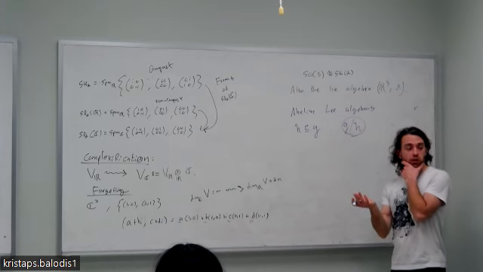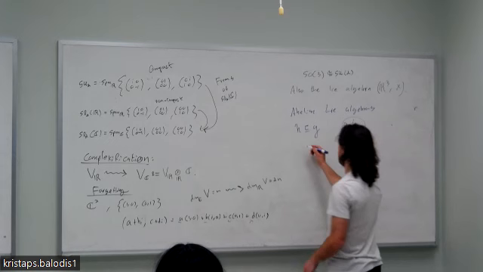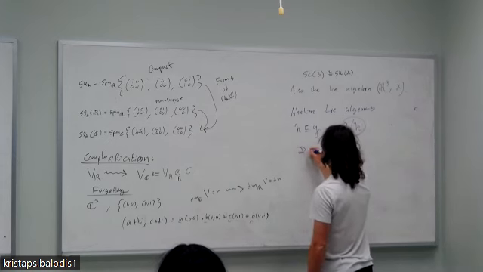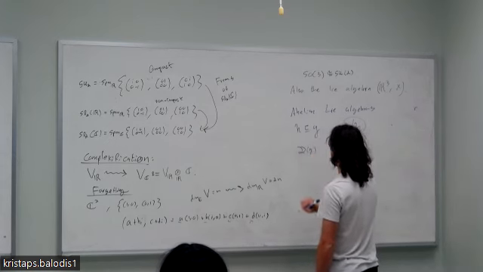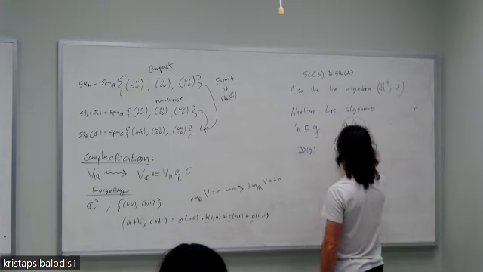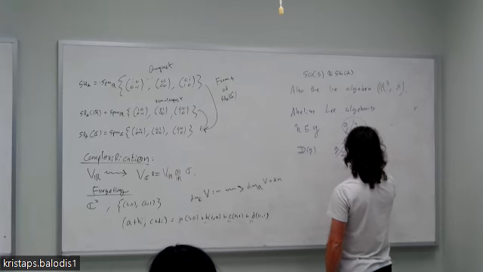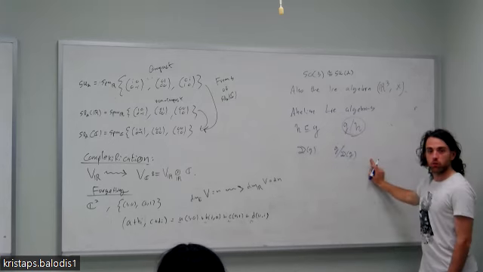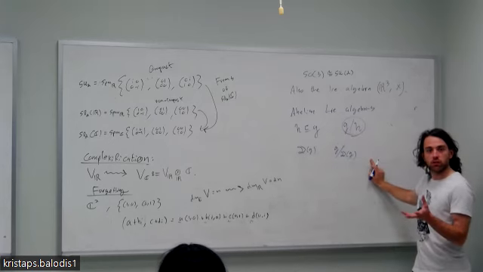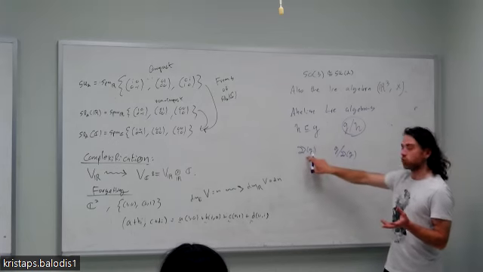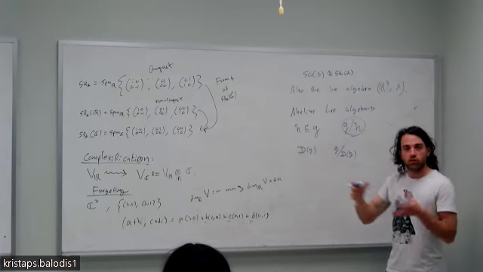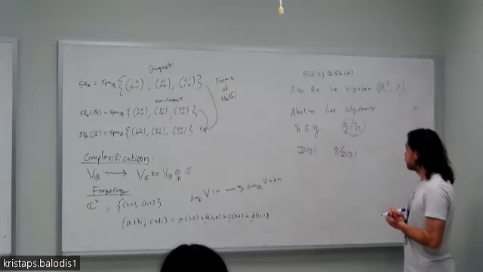Or we also in the classification went the other way around, and we had the commutator subalgebra. And that was the smallest thing that we could find so that this would be an abelian quotient. And that was another way to look at it too, taking the largest chunk inside of here.